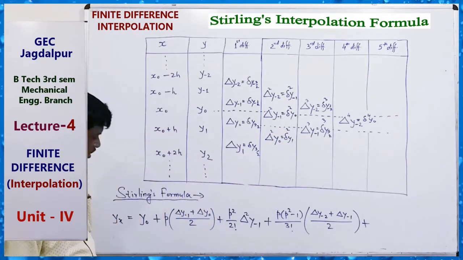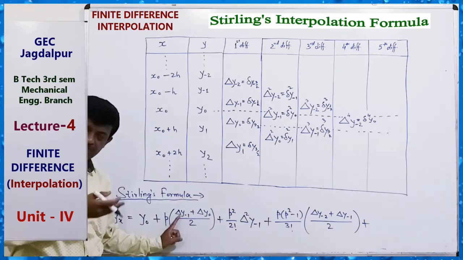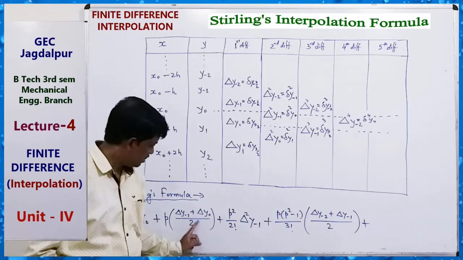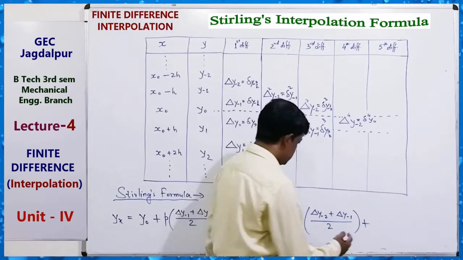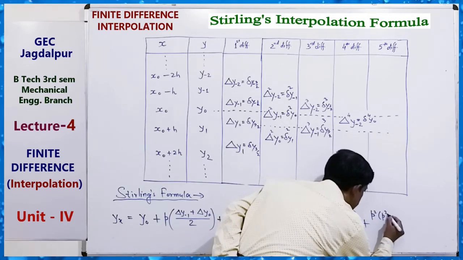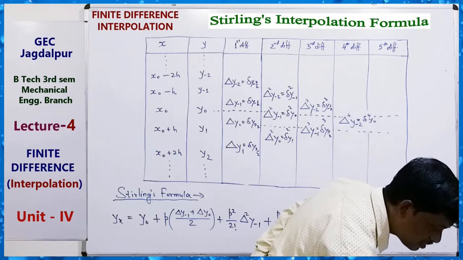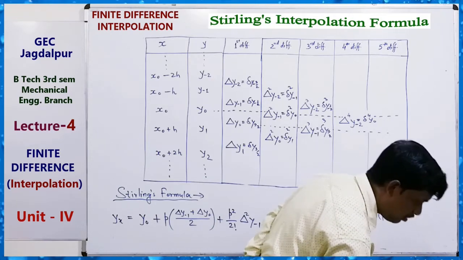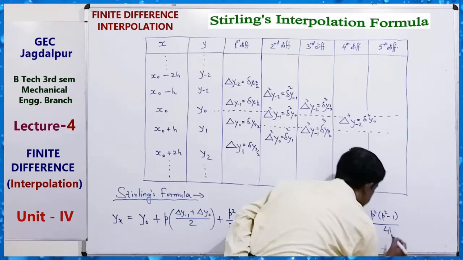Just remember it like this: y0, del y minus 1, just minus it. And del minus 1 here, and del minus 1, del minus 2. And then now here the value of p like this, p square minus 1 by 4 factorial.